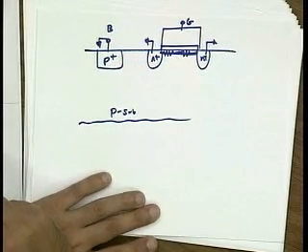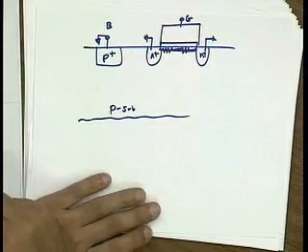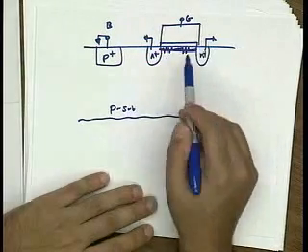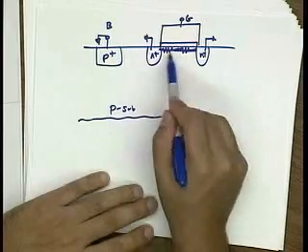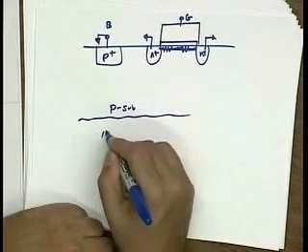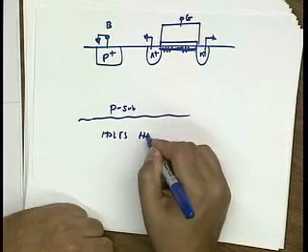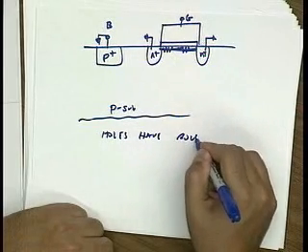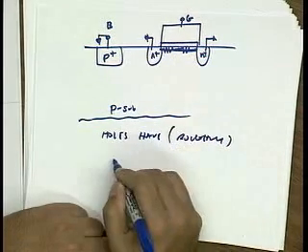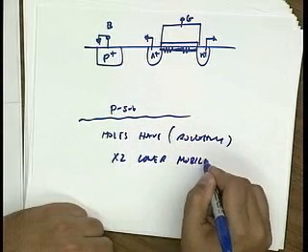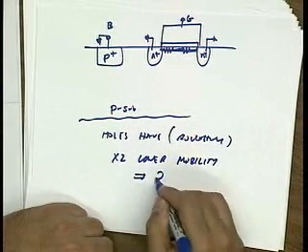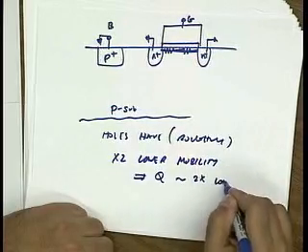Okay? On the other hand, if you do accumulation mode here, then there would be holes, and the holes actually have lower mobility. So holes have roughly 2x lower mobility, and so the Q would be roughly 2x lower.